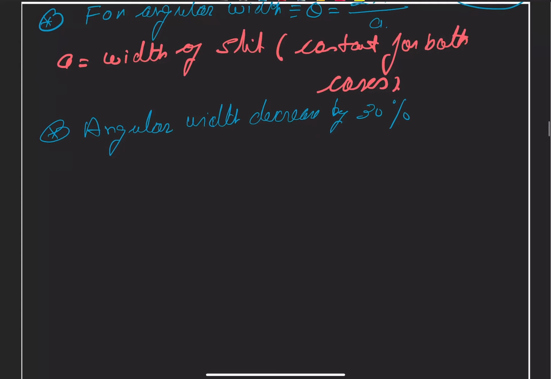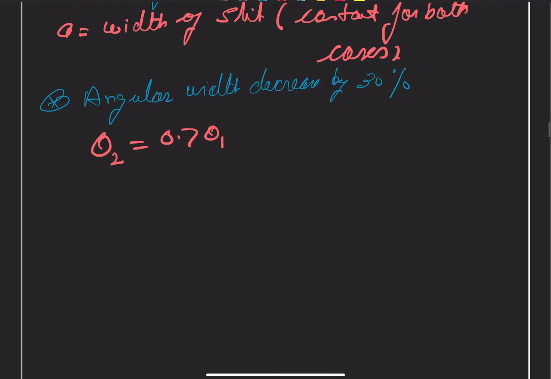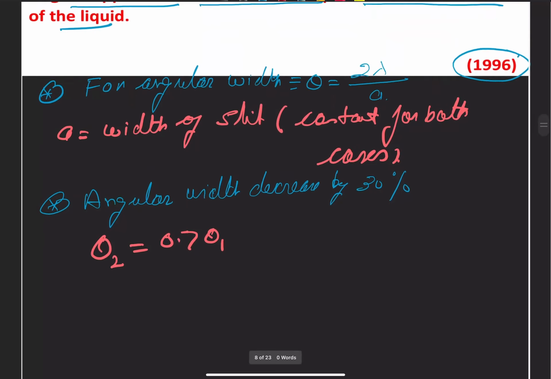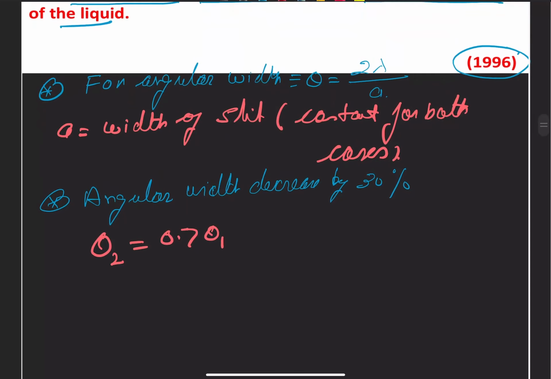Therefore, new angular width, if we represent it as theta 2, will be equal to 0.7 times theta 1. Now we can find out the new wavelength, that is our lambda 2. And from here we can also say that if a is constant, then we can write that our theta is proportional to lambda.